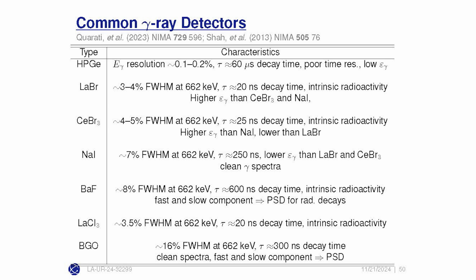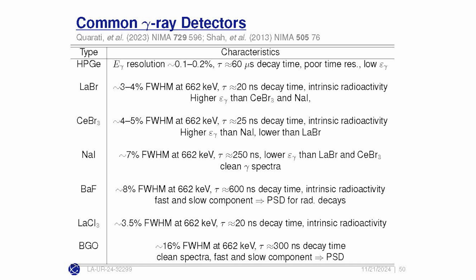But a lot of times the approach taken is to use a different kind of detector that is quite a bit faster, such as lanthanum bromide, cerium bromide, sodium iodide, barium fluoride, lanthanum chloride, and BGO. I'm just listing here characteristics of resolution, decay times, and different qualities. One feature that shows up in a number of detectors is intrinsic radioactivity, such as the barium fluoride detectors and the DANCE detector array at Los Alamos, at LANSCE.